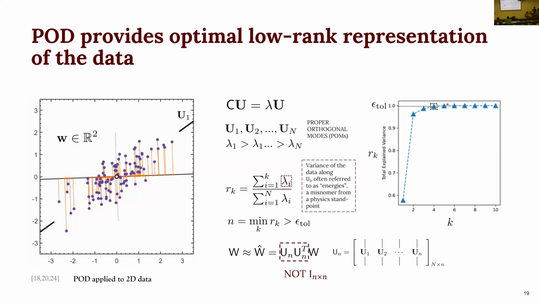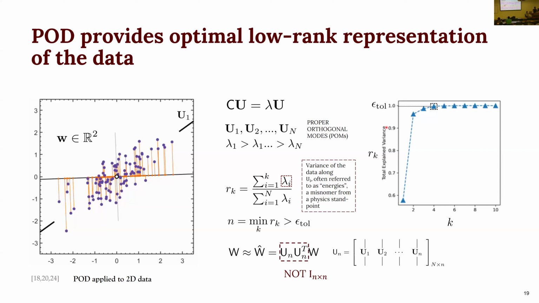And we want to find n, which is the dimension of the reduced subspace, which is the minimum value of k for which Rk just crosses the epsilon tolerance.